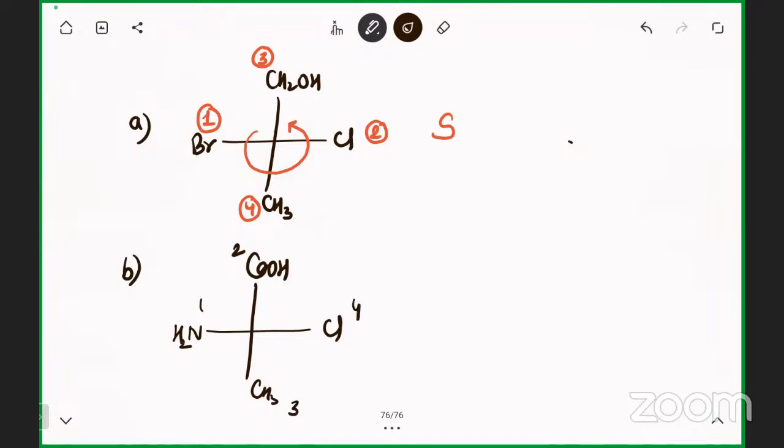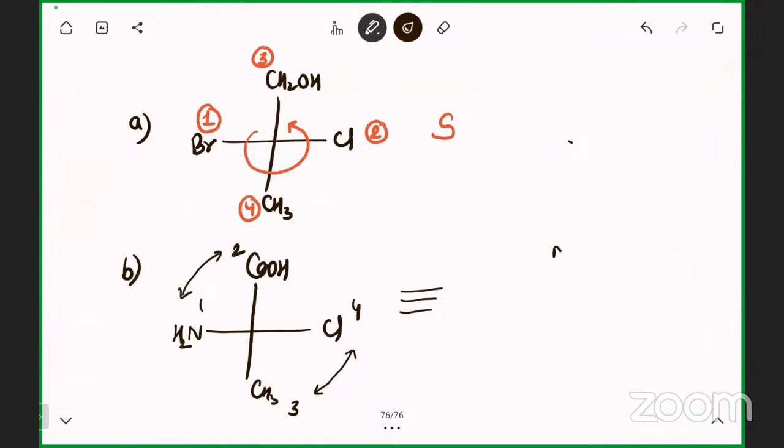Okay, so you have to exchange the position in such a way that by just one shifting, if you shift one, then the second one will also shift. While shifting, I have to bring the fourth priority group downward. So I'll shift these two, and these two will also shift.